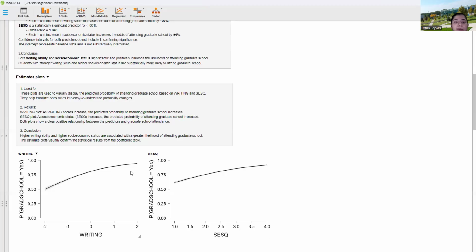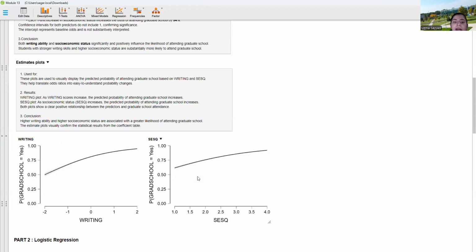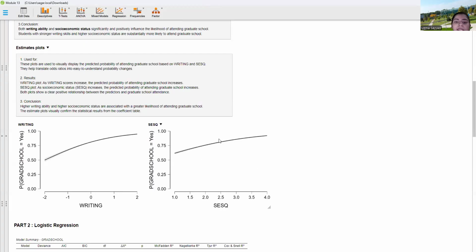These plots help translate odds ratios into predicted probabilities, making the results easier to interpret. In summary, for Part 1, both writing ability and socioeconomic status are statistically significant and strong predictors of graduate school attendance, and together they explain a meaningful portion of the variation in outcomes.